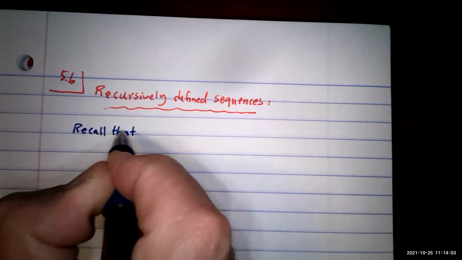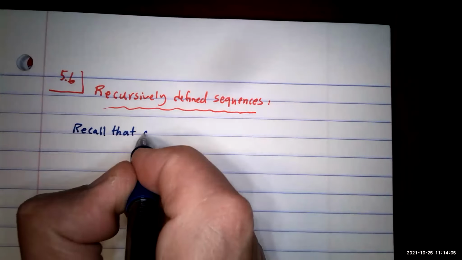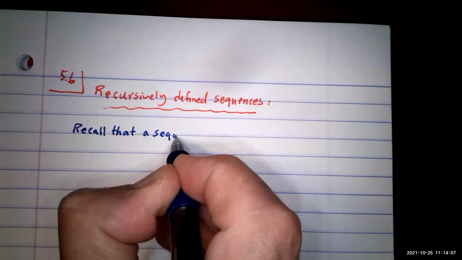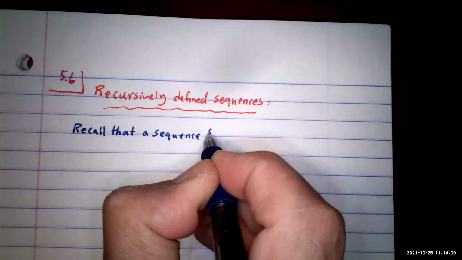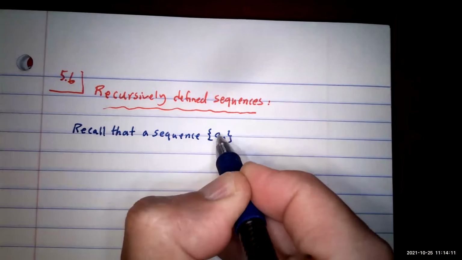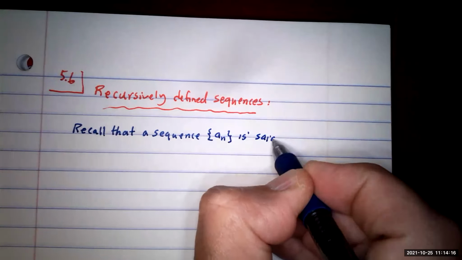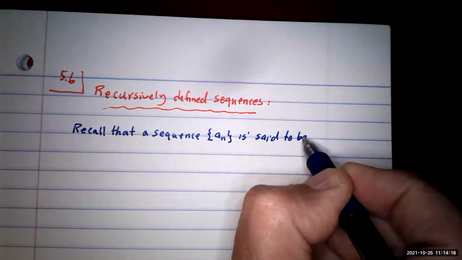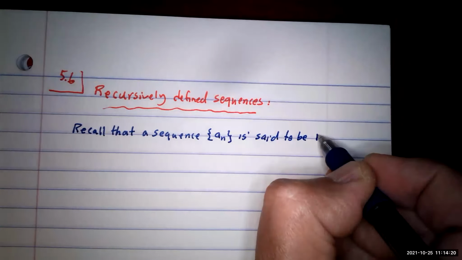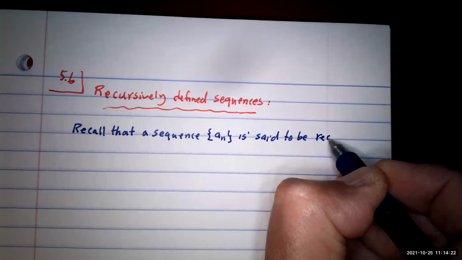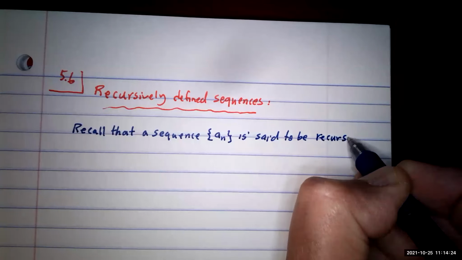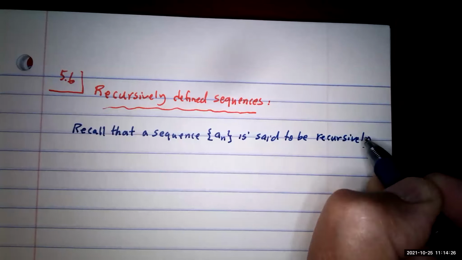A sequence a_n is said to be recursively defined. That's the expression that we're going to use for the next 4 sections.